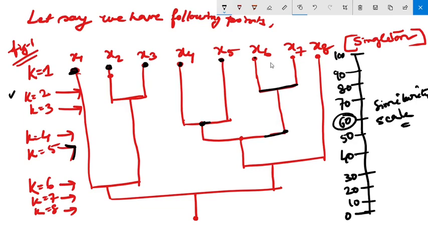So let us say the similarity value is 90%, and it has happened for x6 and x7 at which level? At level 2. So at level 2, x6 and x7 have been merged, and their similarity is the highest. So this is how this hierarchy is structured. That's why you call it hierarchical clustering.